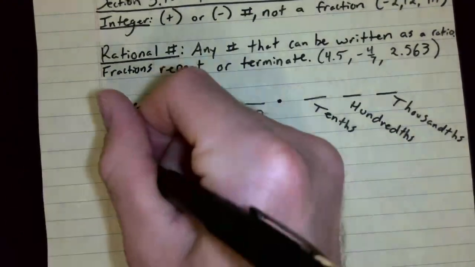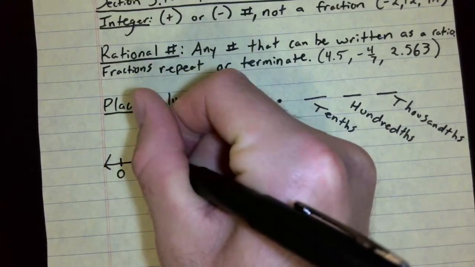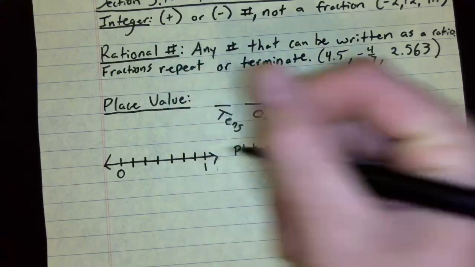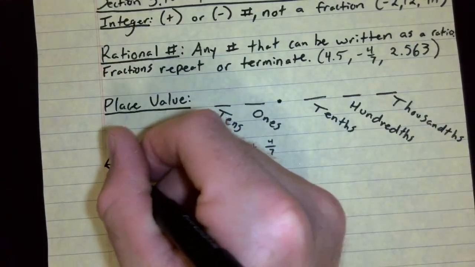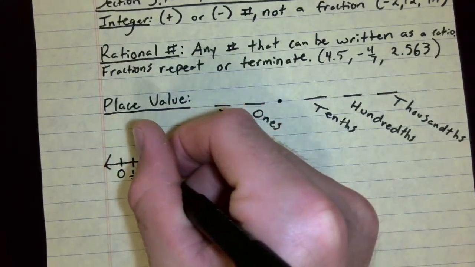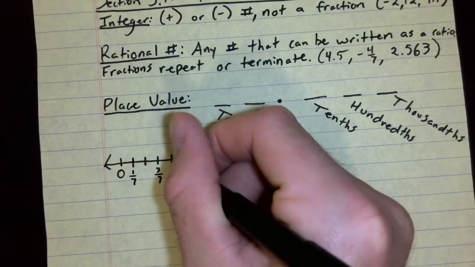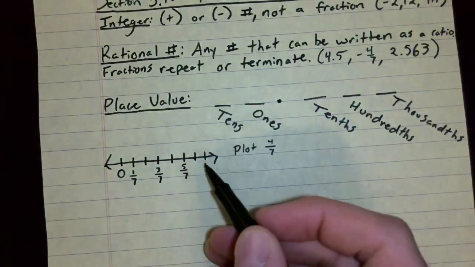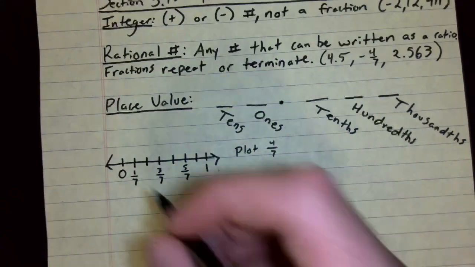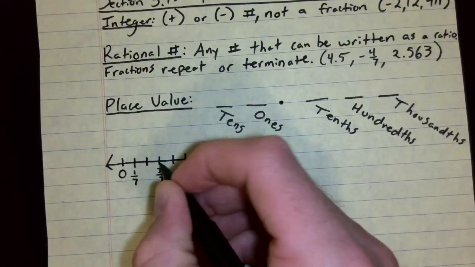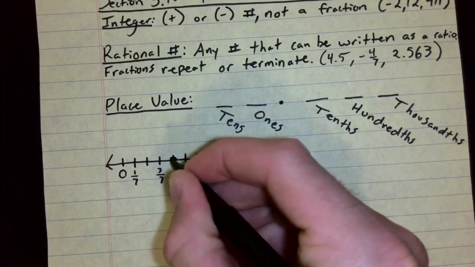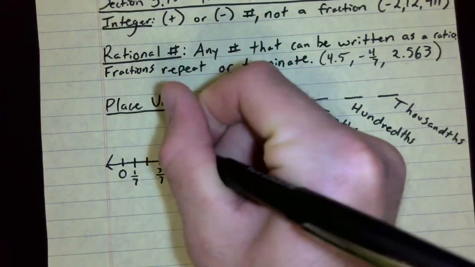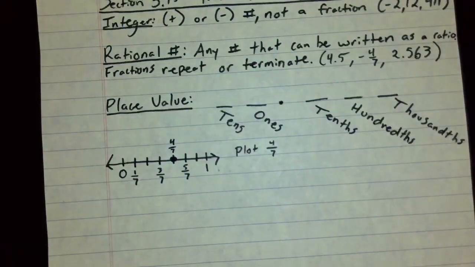So we'll go 1/7, 2/7, 3/7, 4/7, 5/7, 6/7, and 7/7 is equivalent to 1. So when we plot 4/7, 1, 2, 3, and 4, there's 4/7. And then we'll plot it right above the top, 4/7, right there.